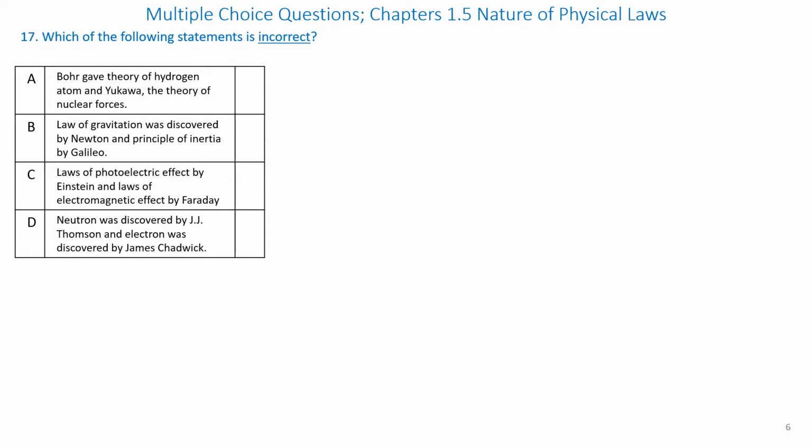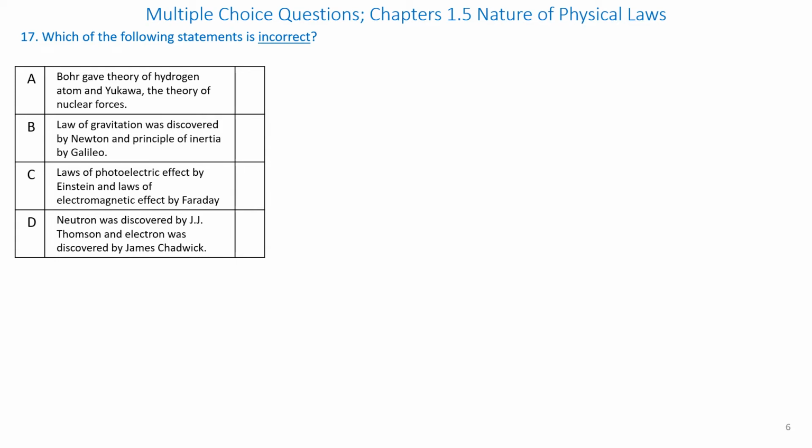Question number 17. Which of the following statement is incorrect? Please note incorrect. Choice A is Bohr gave theory of hydrogen atom and Yukawa the theory of nuclear forces. That is correct. Law of gravitation was discovered by Newton and principle of inertia by Galileo. Choice C is laws of photoelectric effect by Einstein and laws of electromagnetic induction by Faraday.